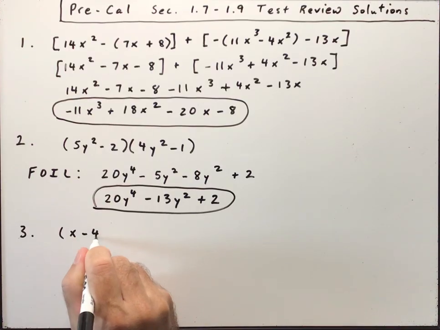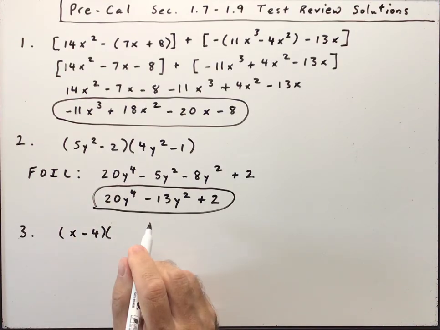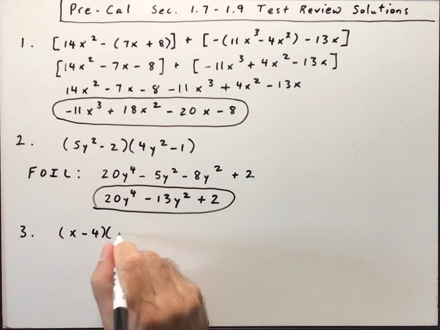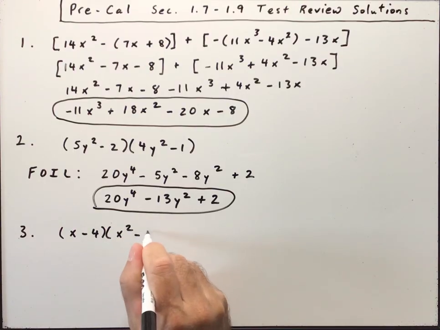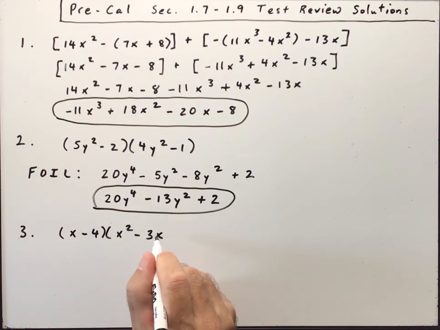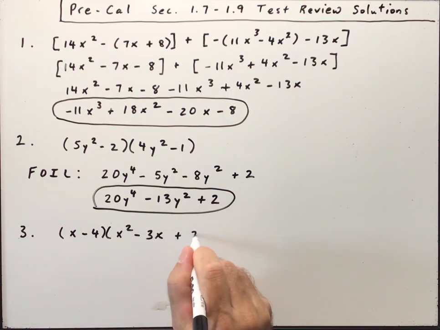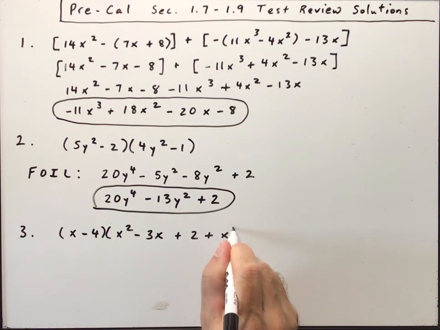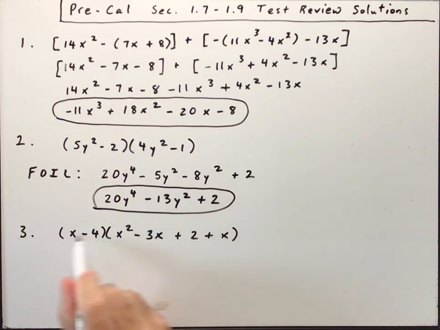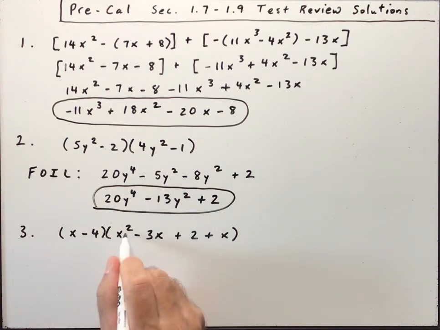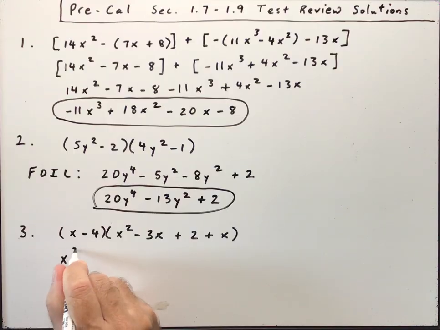So x minus 4 times x squared minus 3x plus 2 plus x. Okay, we're going to distribute the x across all four terms and then the negative 4 across all four terms and then combine. So x times x squared would be x cubed.